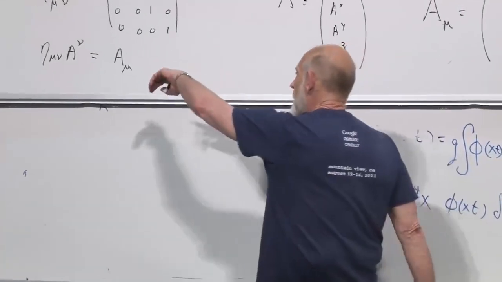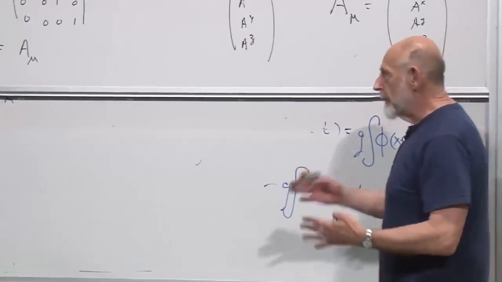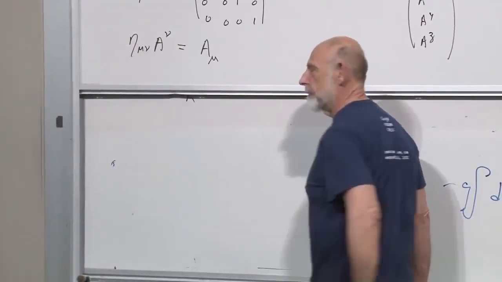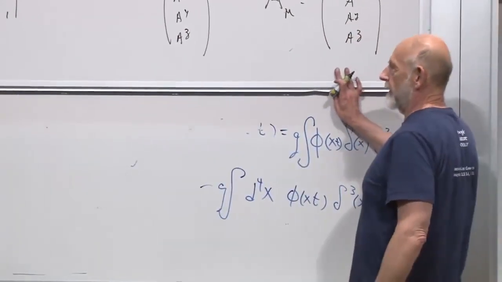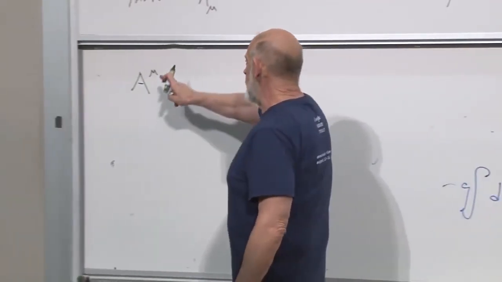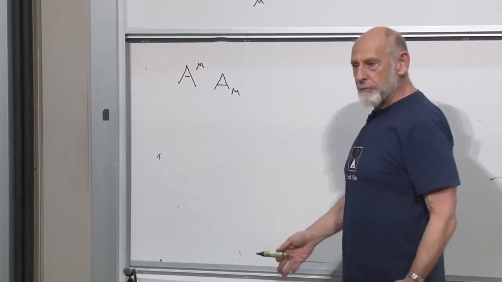All right, so A with an upper index and A with a lower index. And you go between them with this matrix eta. You can also go back, but I'll leave that to you to figure out how to do that. In fact, you do it the same way. Okay, now let's take A mu, A mu. This is summed over. Why is it summed over?